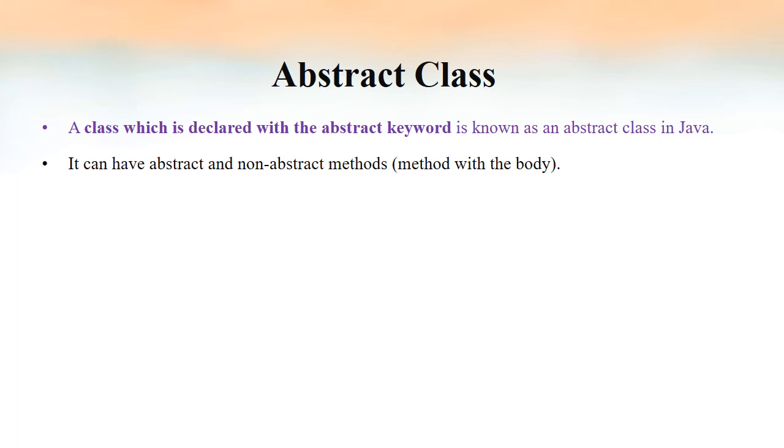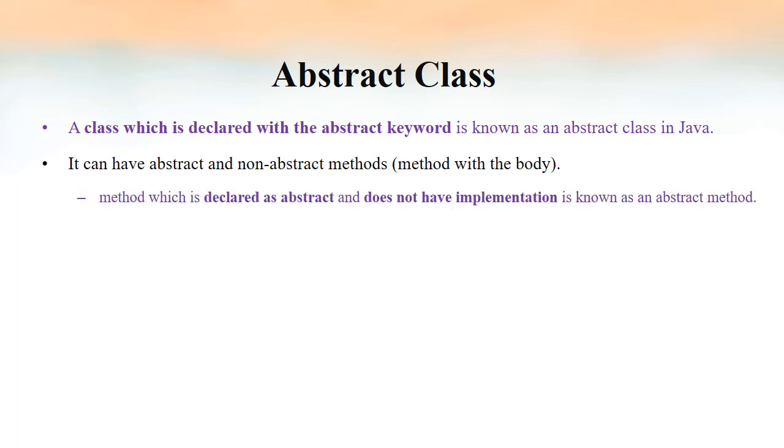Now we want to know what an abstract method is and how to write it. It is a method which is declared by using the abstract keyword and does not have any implementation. That means if a method is declared with the keyword abstract and does not have a body, we call that method abstract.